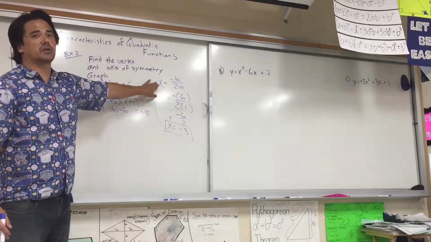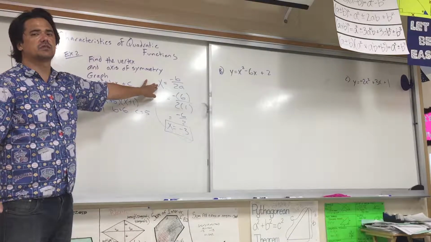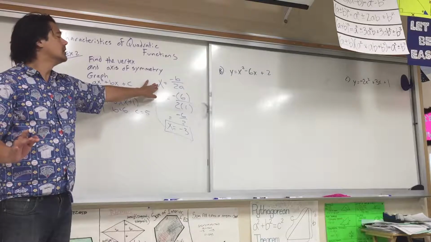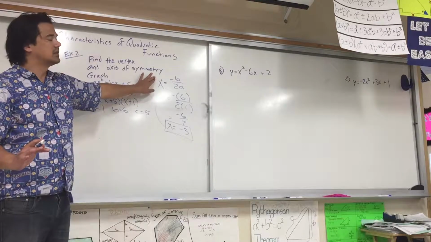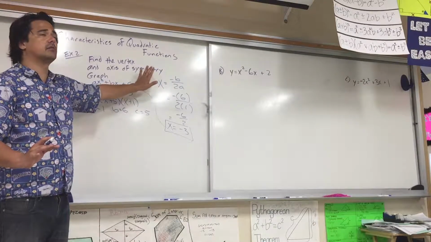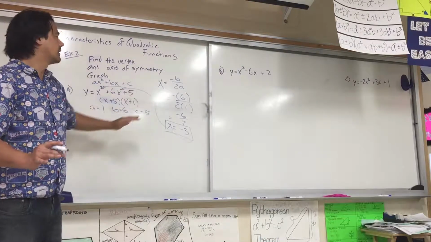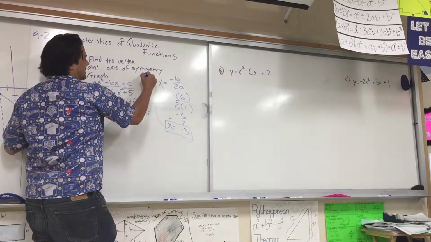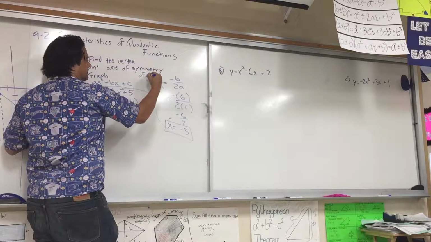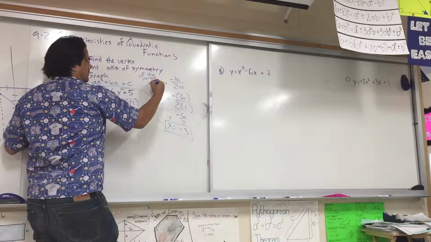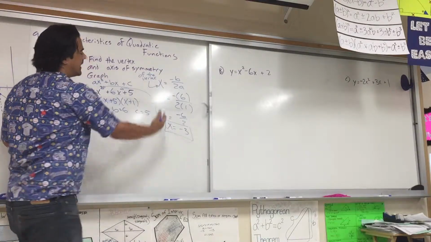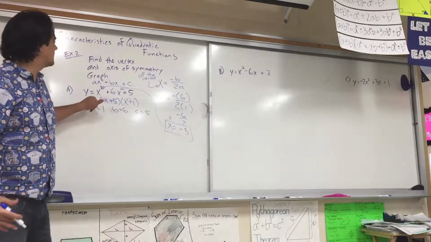So we use this formula. Okay, so stop writing, guys. Remember, I want you following along. We use this formula to get our x value of the vertex. Once we get the x value, we plug it back into the original equation.